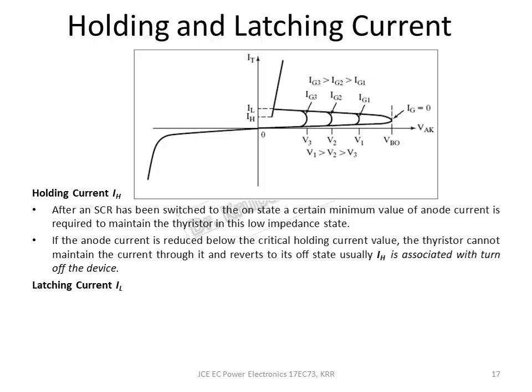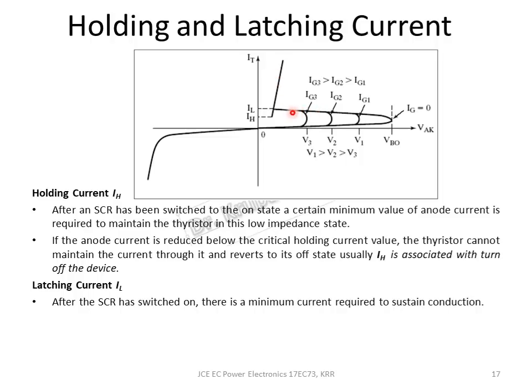But what about latching current? Latching current comes into the picture when I am turning the SCR from off to on state, the opposite of holding current. So I am going to turn on the SCR. After the SCR has switched on, maybe through the gate or maybe through VBO, suddenly it will start reducing the voltage and the current is going to increase. But if the current is here only, below the latching current, then it will not turn on.